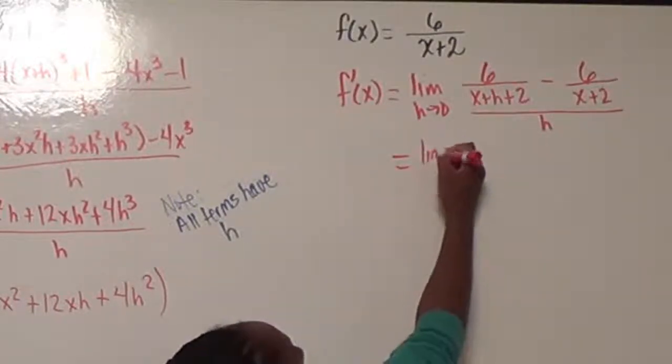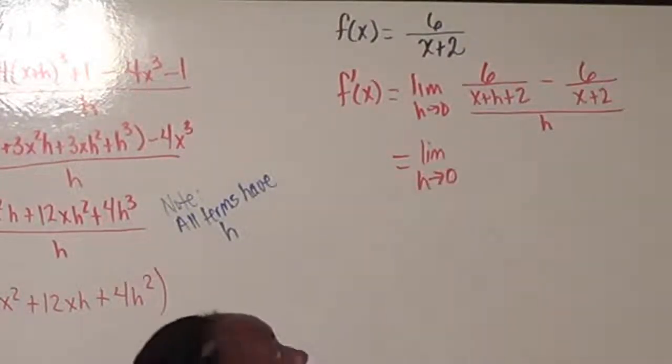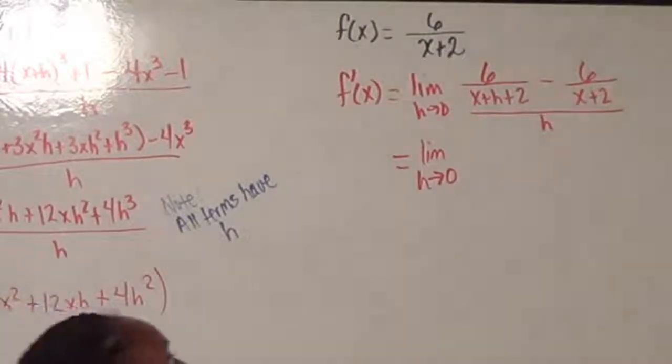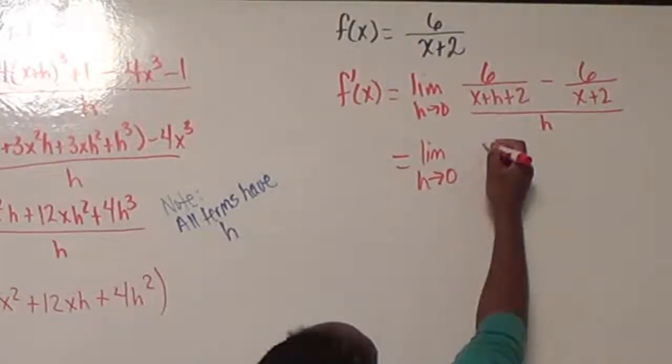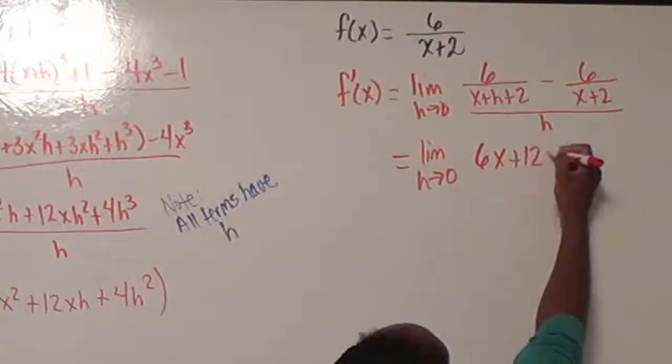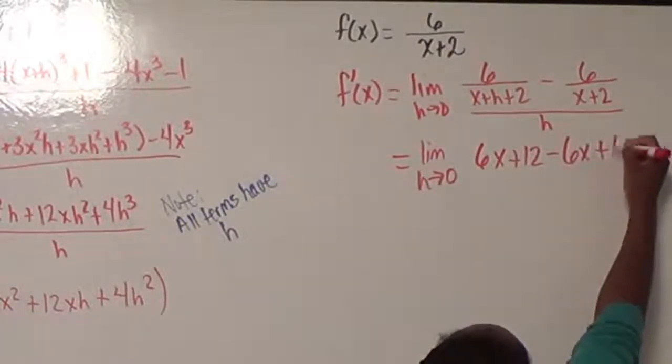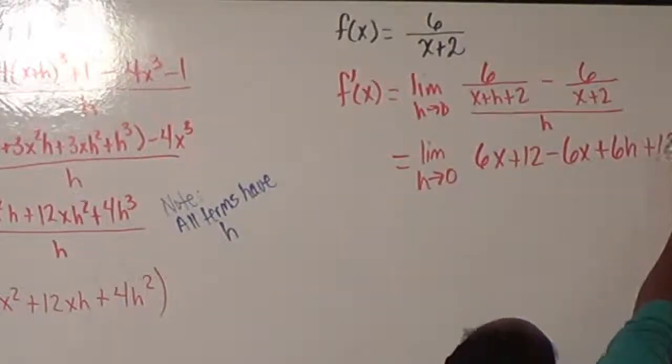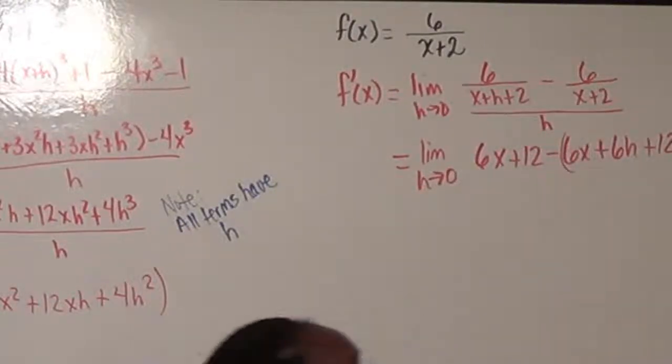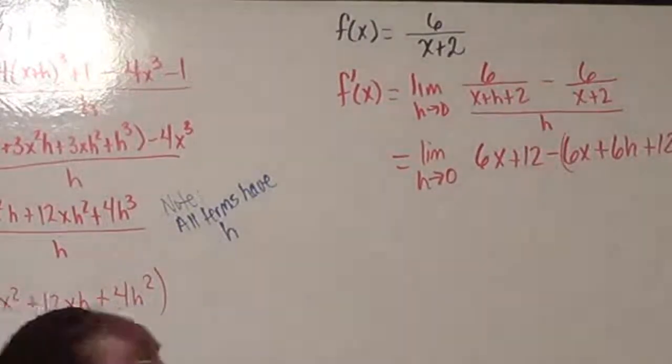Okay. So here, we'll start by using our LCD to rewrite the function. So we'll get a 6x plus 12 minus a 6x plus 6h plus 12. Again, if you don't distribute that minus sign, make sure you insert grouping symbols.